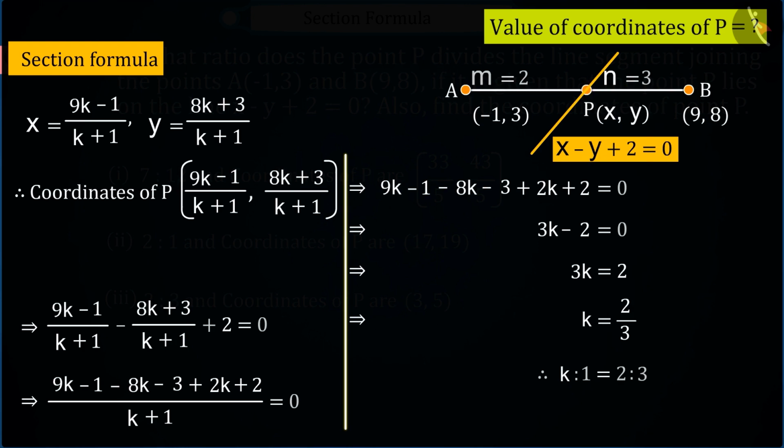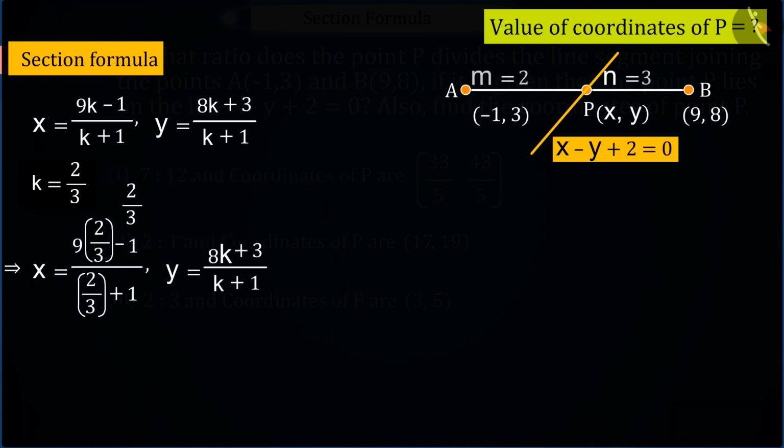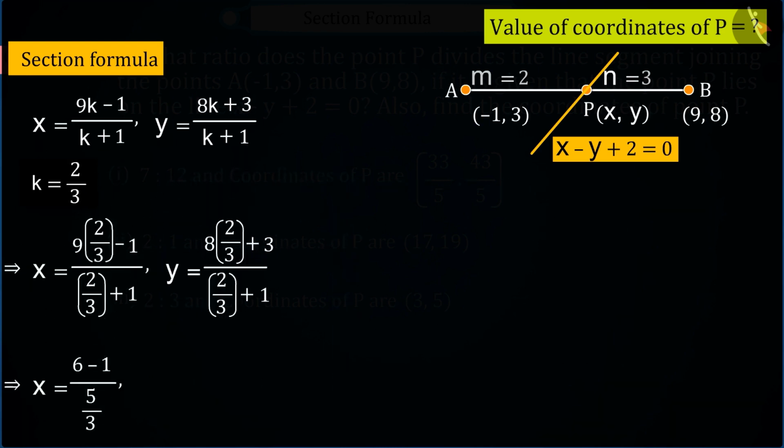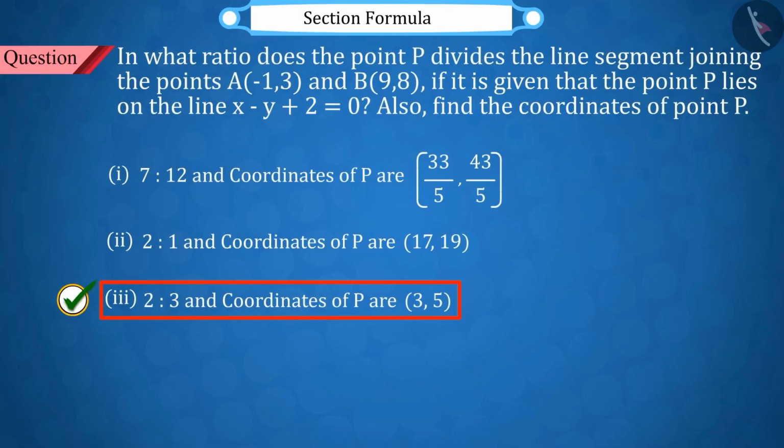Since we now know the ratio, in the coordinates of P obtained from the section formula, put the value of k, which gives the coordinates of P as (3, 5). Thus, option 3 is the correct answer.